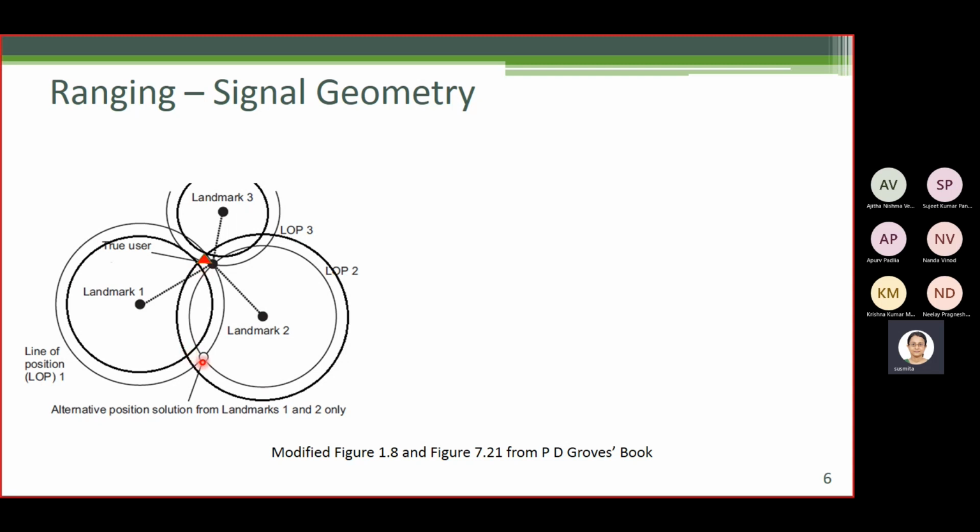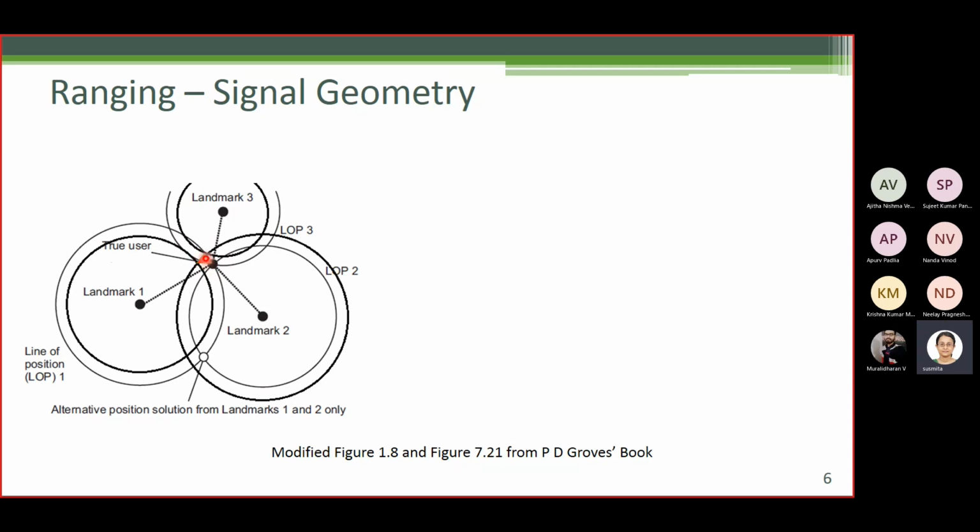Similarly for this also, instead of having a point, now we actually have an area where the user can lie, right? Now if we had one more transmitter, then we need to consider the intersections of all the three bands of circle. So if you consider the third one, then this area of uncertainty is reduced to this rectangle shown here.